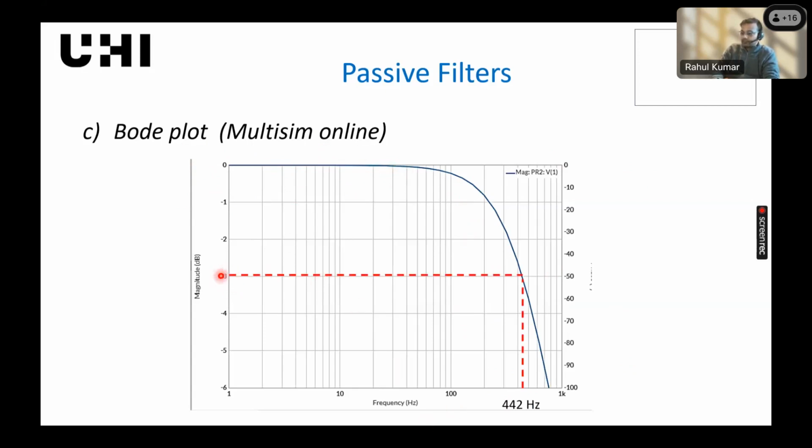So that's your minus 3 dB, and the corresponding frequency is 442, which is your cutoff frequency. And we can calculate the slope also, right? Slope of this portion.